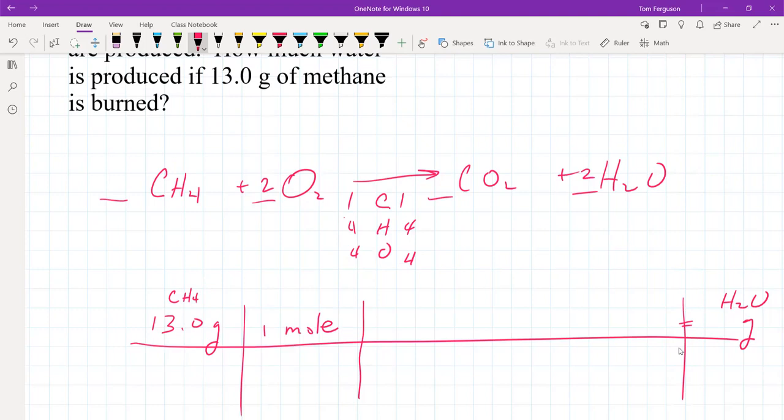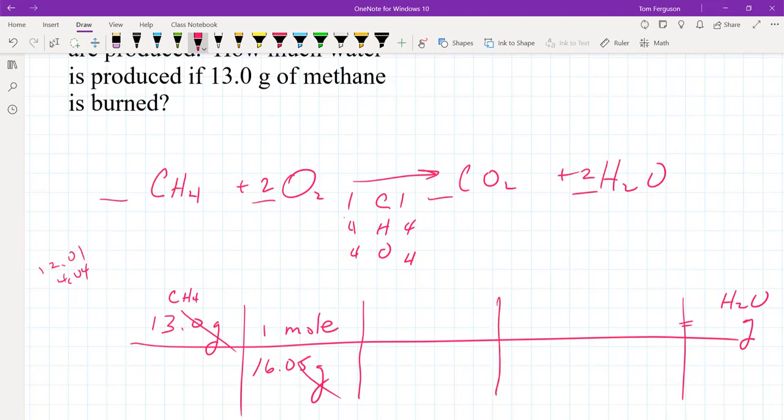Okay, so the molar mass of methane is 12.01 plus 4 times 1.008, 16.05 grams. Right, that gives us moles of methane. Now we need to go from moles of methane to moles of water.